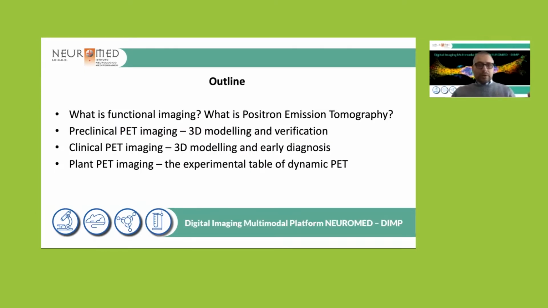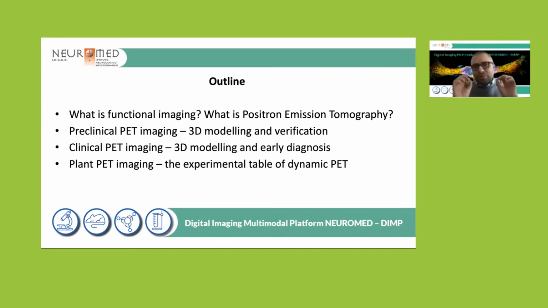In particular, the talk is divided into 4 blocks. The first block is sort of basic, and I needed to put it also because I hope and I expect there are students from different fields. So I will answer very basic questions like what is functional imaging, what is positron emission tomography. Don't expect a full lecture about that, yeah?